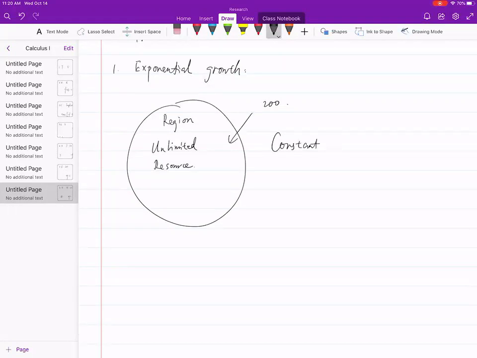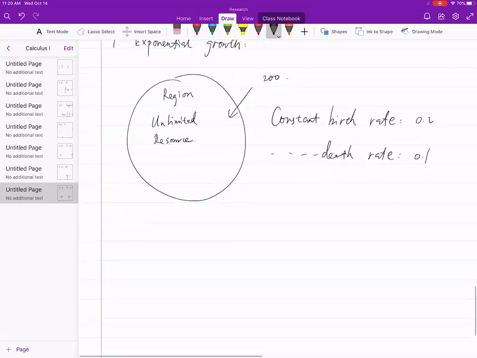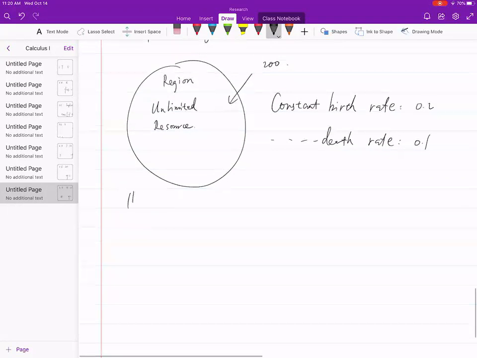It's not realistic. I'm just going to assume an easy number, 0.2, 20%. And you have a constant death rate, which is 0.1. 10% of people die at any moment. From here, you can see the population definitely grows because the birth rate is bigger than the death rate. It's positive. Now the question becomes, how does the population grow?